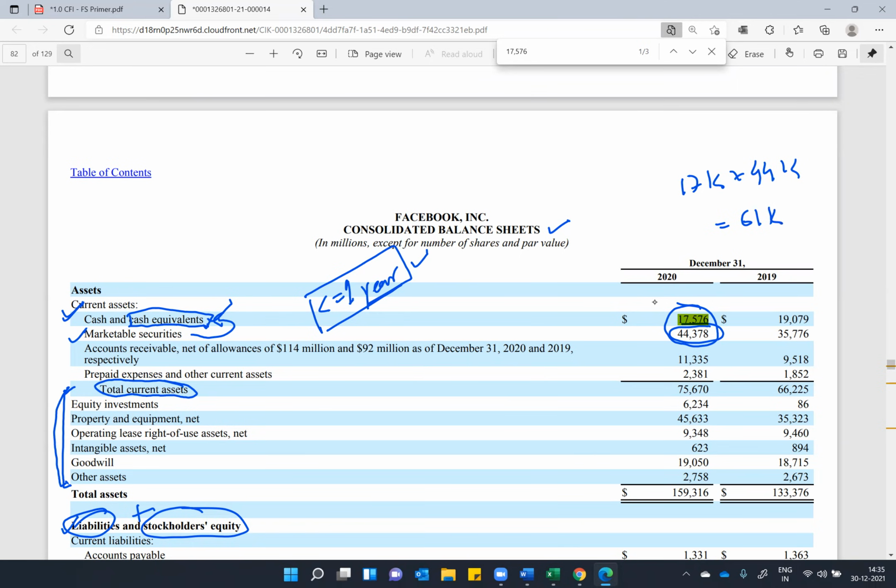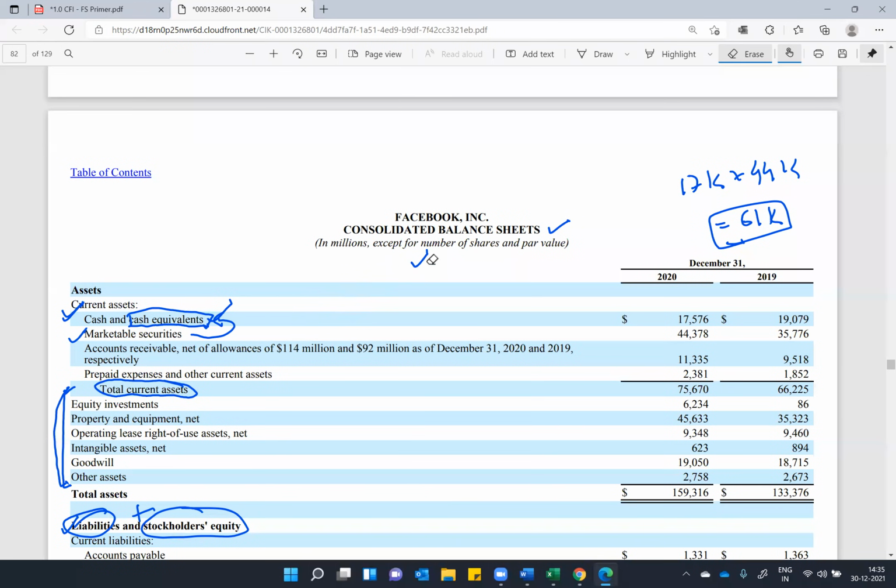Yeah, 61K. This is the amount that I will consider as the total cash for Facebook, because I understand that if Facebook is in need of cash, they can liquidate both cash equivalents and marketable securities, and they can use the 61K instead of just saying that we have cash as 17K, right?